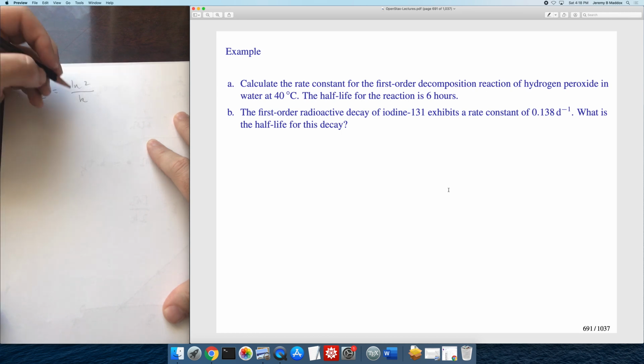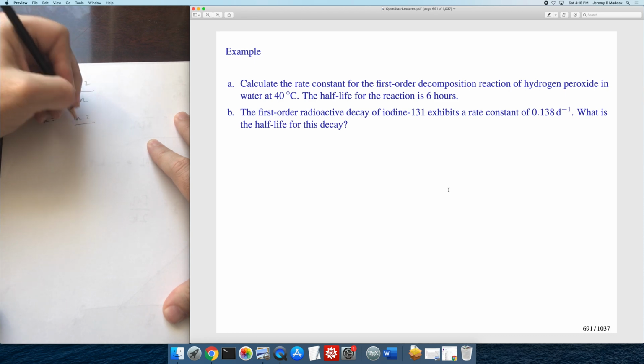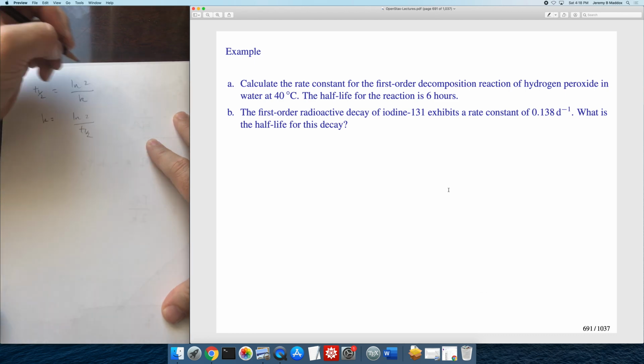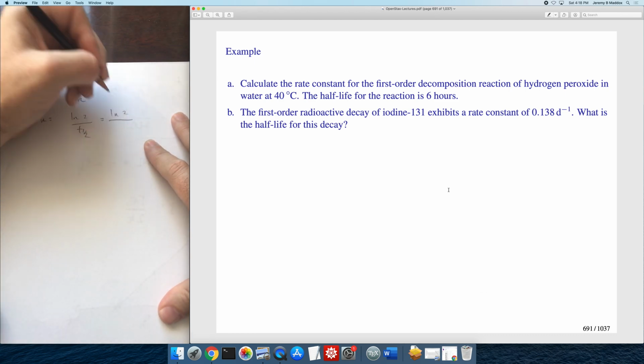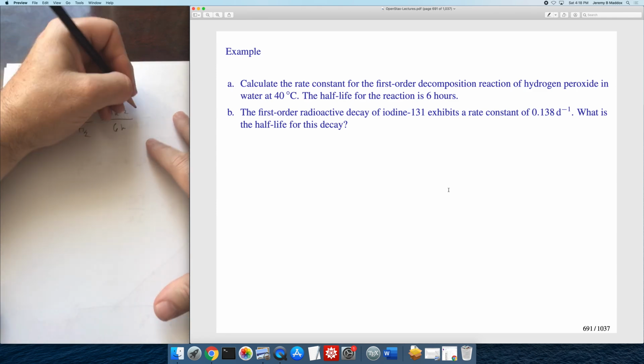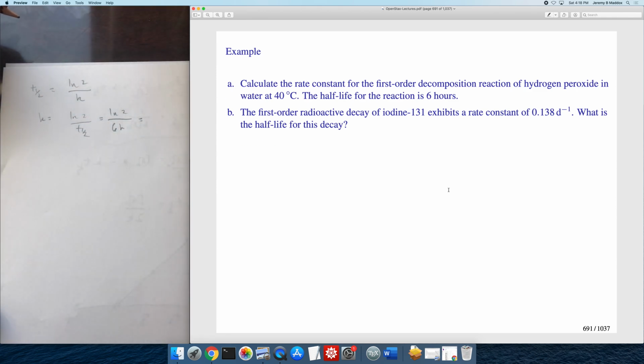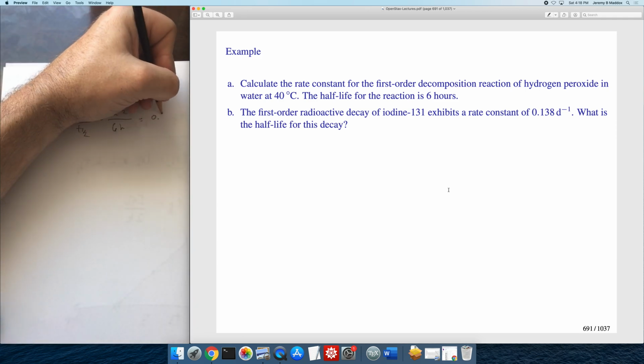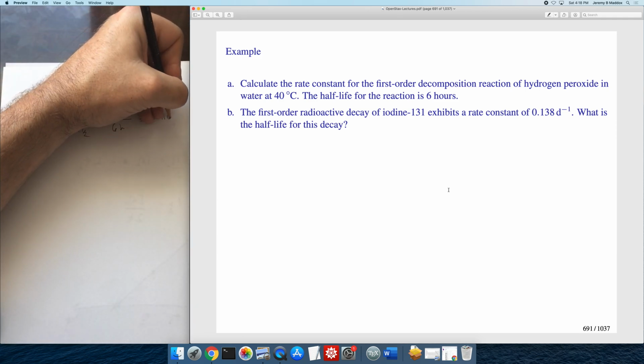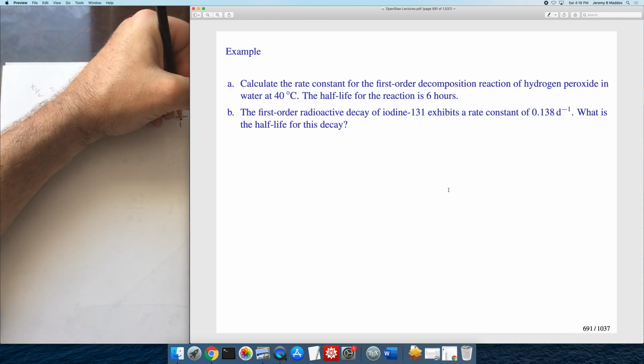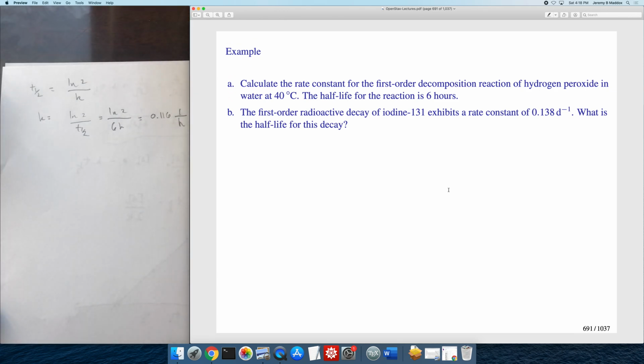They want us to find the rate constant. k will be equal to natural log of 2 divided by the half-life time, 6 hours. So we'll take natural log of 2 divided by 6. That gives us 0.1, we'll call it 1/6 reciprocal hours.